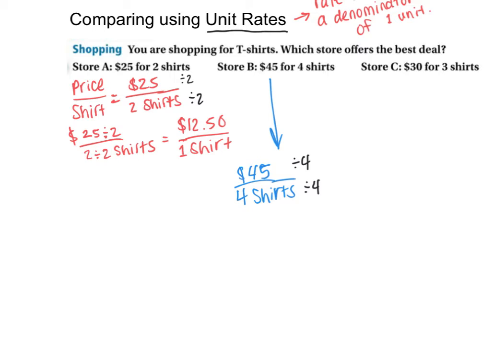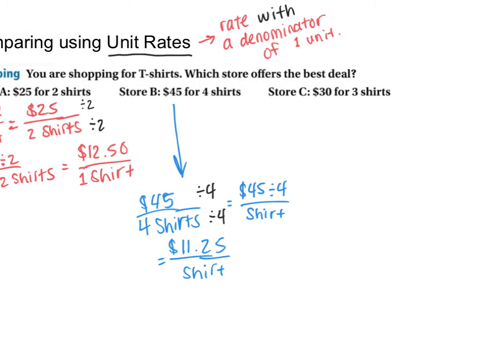So once we divide by 4, this denominator is going to become per shirt, 1 shirt, and the top is just going to be $45 divided by 4. So what we're going to get is $11.25 on the top per shirt. And yes, you should have used a calculator to find that out, okay? All right, and then the last one, so store C. We've got $30 for 3 shirts.